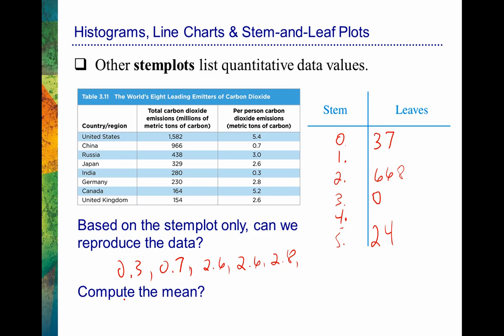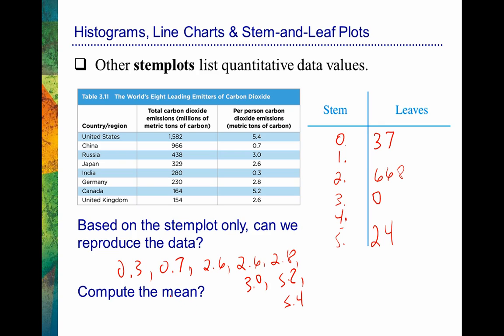Could we compute a mean based on that data? Yeah, we could. So the bottom line is we could actually reproduce all the data. Let's just go ahead and finish it up. We would have here 3.0, 5.2, and 5.4. So if we could reproduce all that data, could we compute a mean? Absolutely.